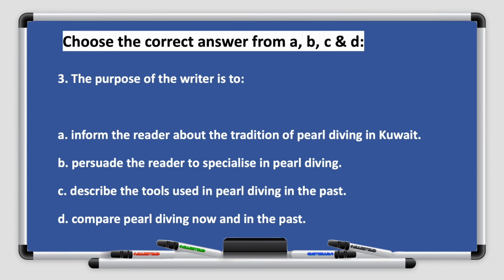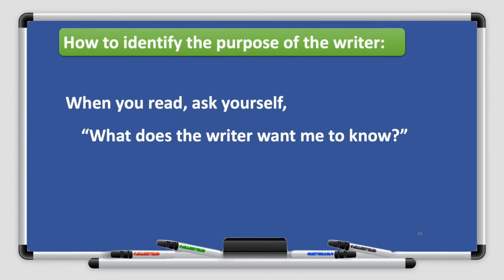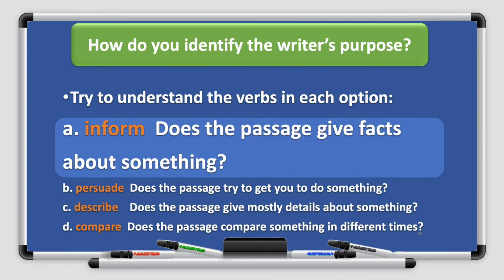Question number 3. The purpose of the writer is to. When you find this question, ask yourself, what does the writer want me to know? Also try to understand the verbs in each option. For example, if you find the verb inform, ask yourself, does the passage give facts about something?